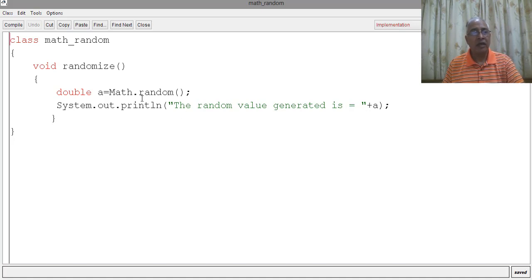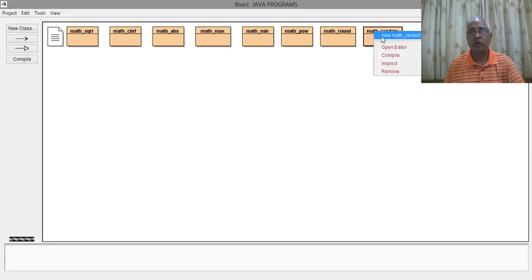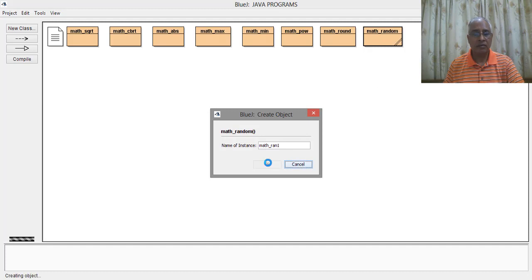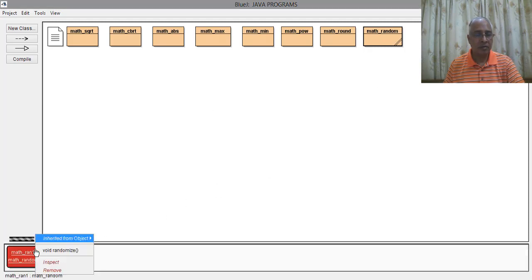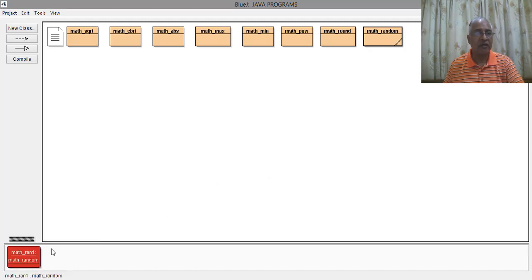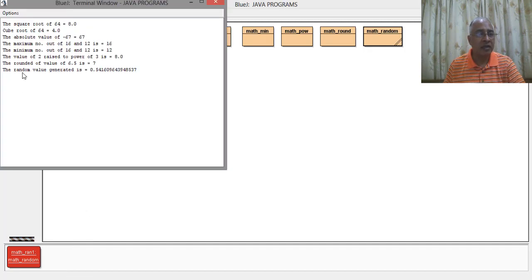Now you see, again and again when we print these numbers by using the object, you will see different answers are coming. So we just compile this program and close it. Now make the object. Void randomize, we run the function. We get the answer. Random value generated is 0.541.